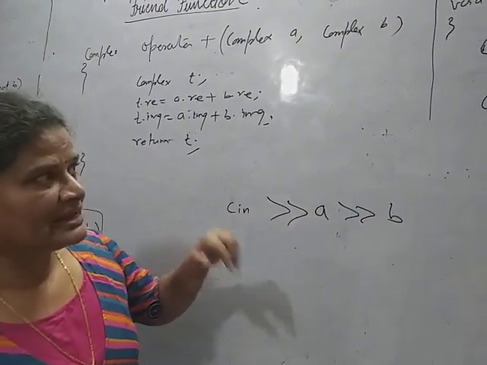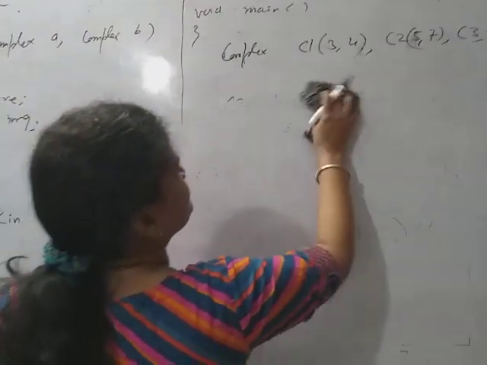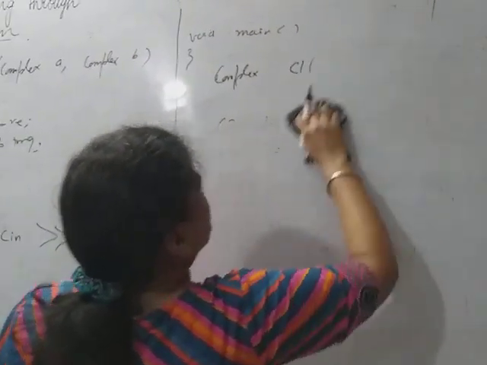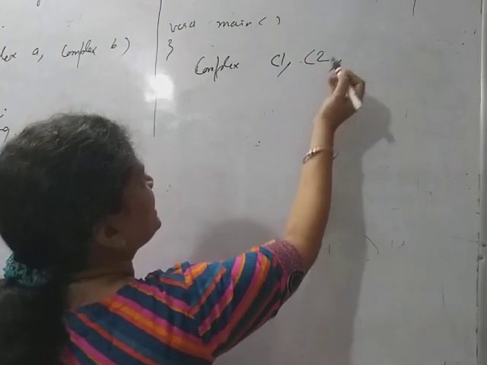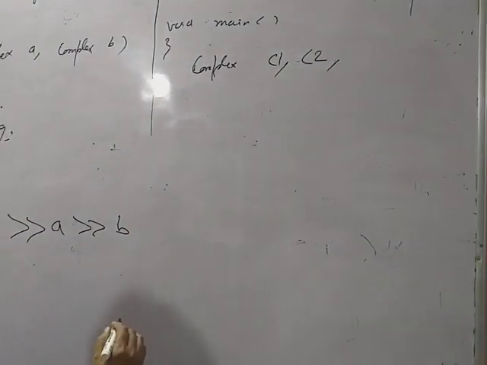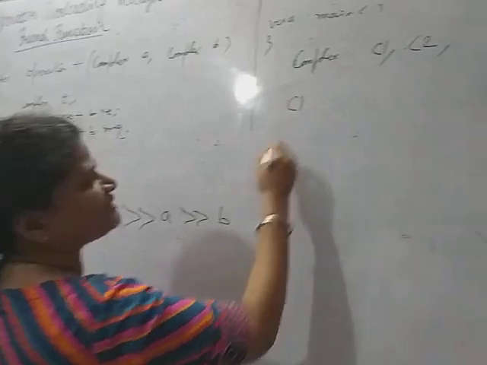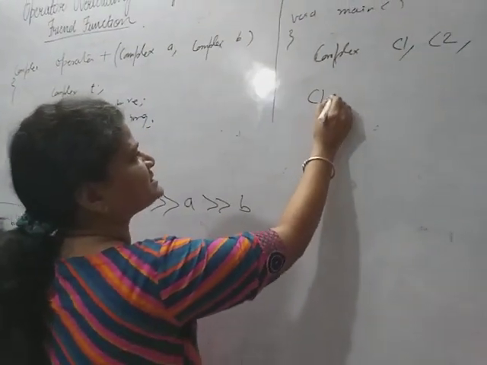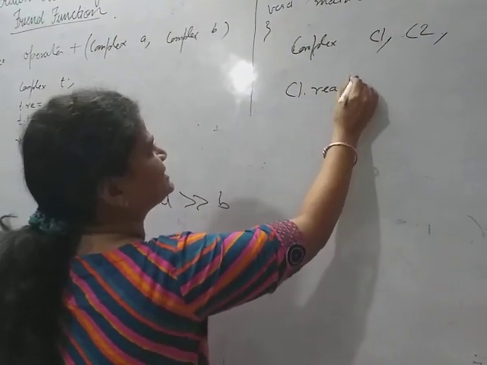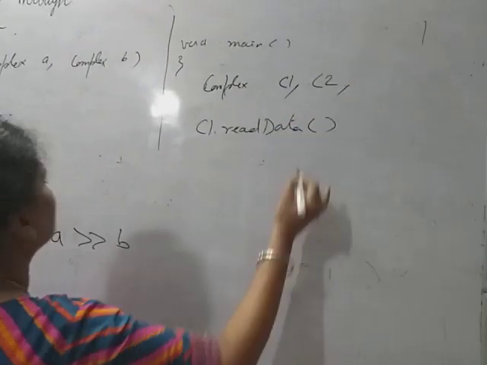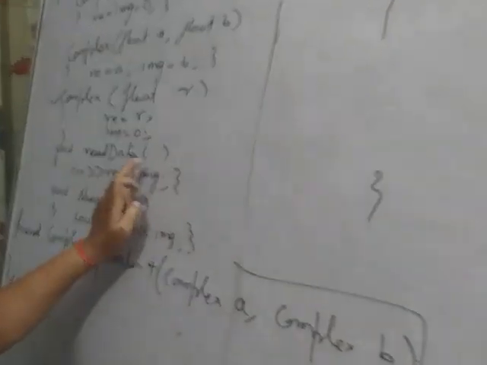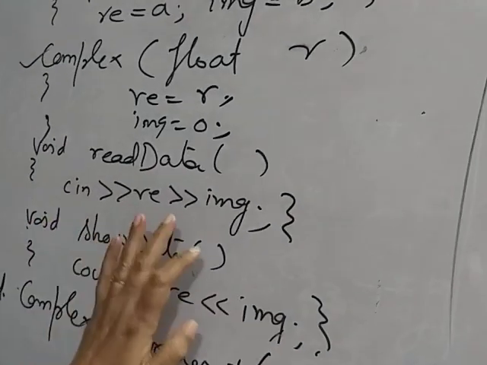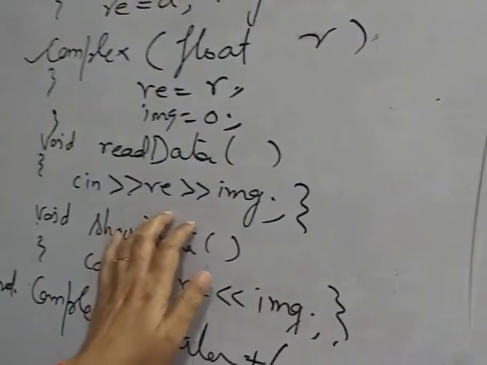But suppose I declare the objects C1, C2, and instead of calling a function, we call C1 dot read data. I have written a member function read data to read the data members of the object.